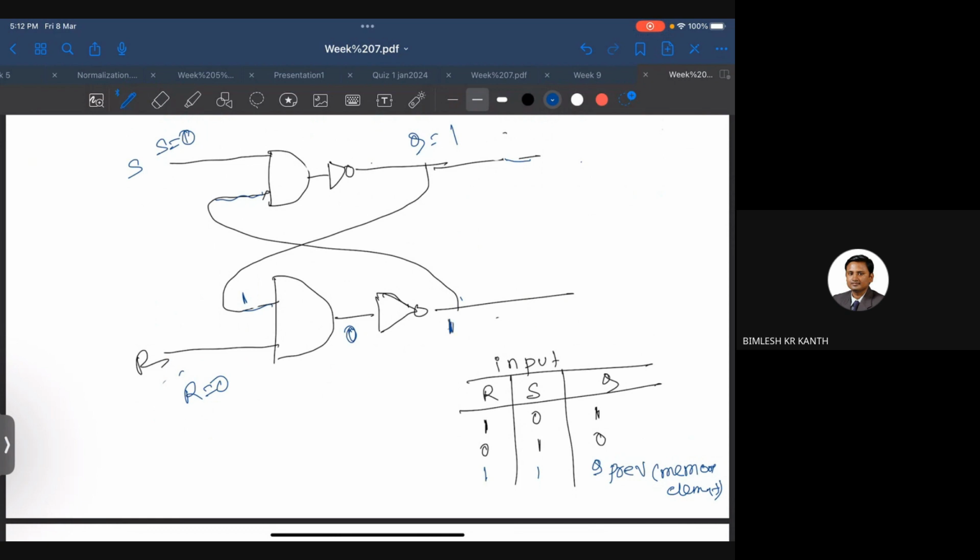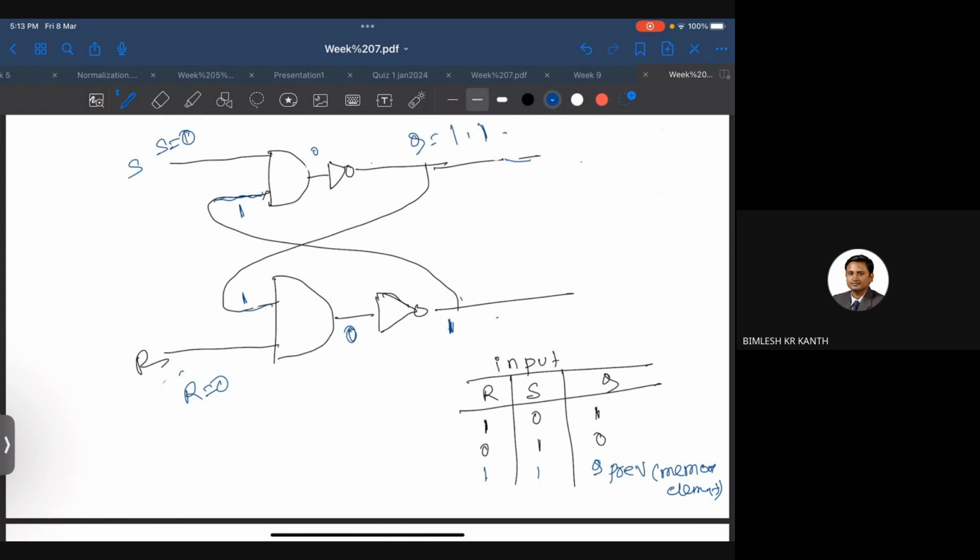Again go to this 1 0, right. So 1 0, this will be 0, this will be 1 only. Something is missing, because it will be the forbidden state.